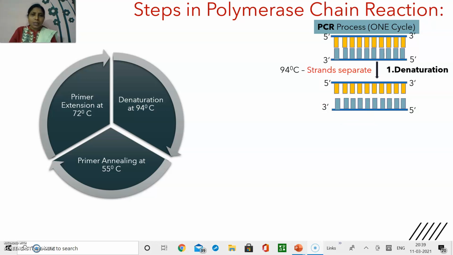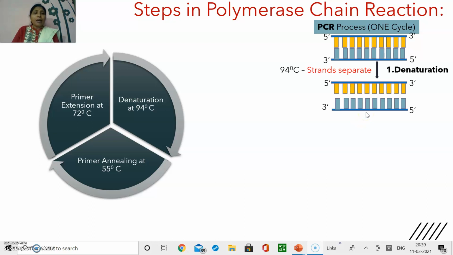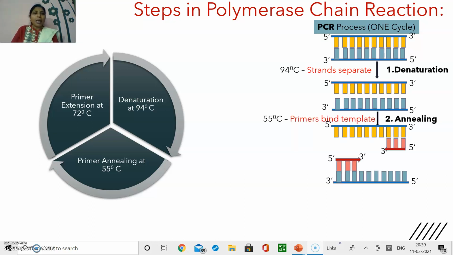After the denaturation step, the temperature will be maintained at 55 degrees centigrade. At 55 degrees centigrade, the primers get attached to the 3' end of the template strand. Both the two strands which have been separated during the denaturation act as templates for the new strand synthesis.